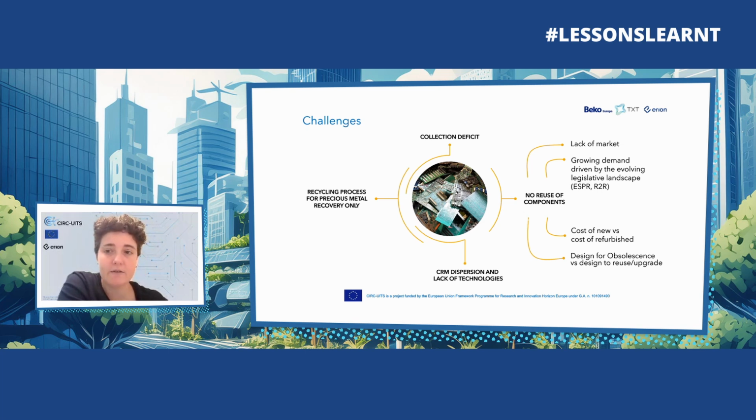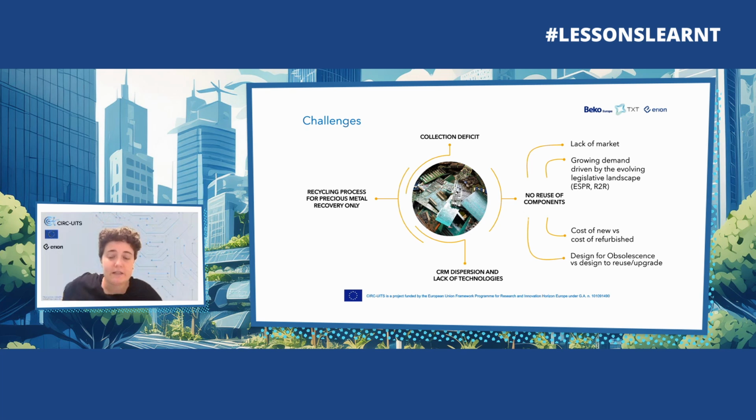So we can see that there is a growing demand from the market and from the new legislative panorama, like the ESPR and the Right to Repair Directive, and of course there are a couple of topics related with this. There is the cost of the new products related with the refurbished components, and also the need for a shift from design for obsolescence to design for reuse and upgrade of components.